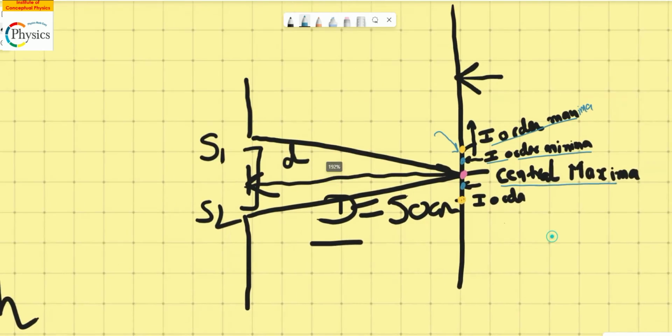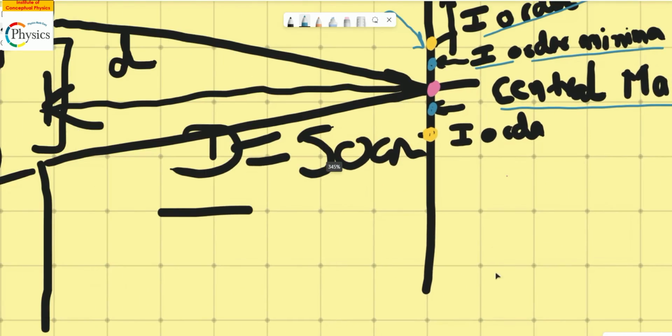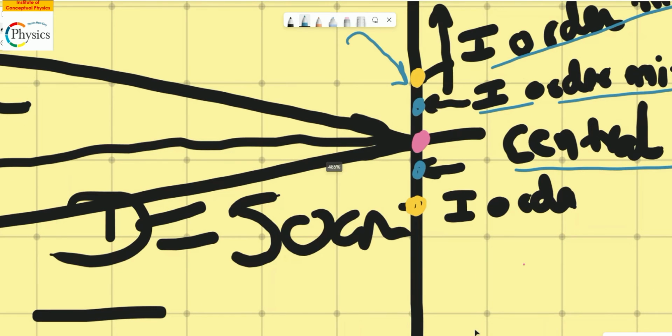Let me just enlarge it for you so that you can see it very clearly. This is the distance being referred to. This is 0.4 mm. It is the distance between the central position of the central maxima. This is the position of the central maxima, and this is the position of the first maxima. And the distance between these two is 0.4 mm.